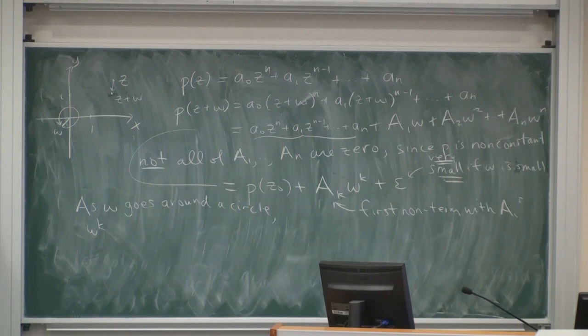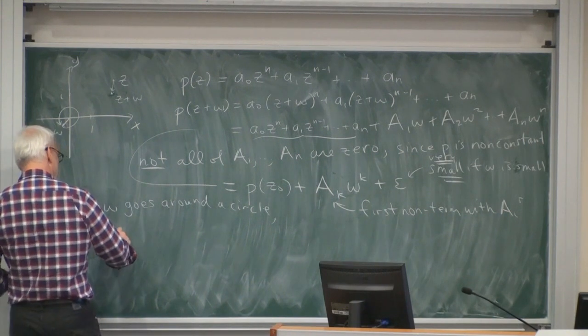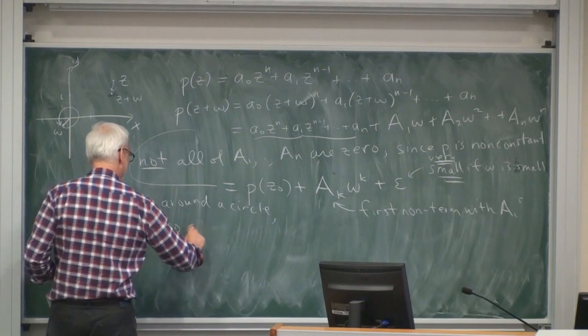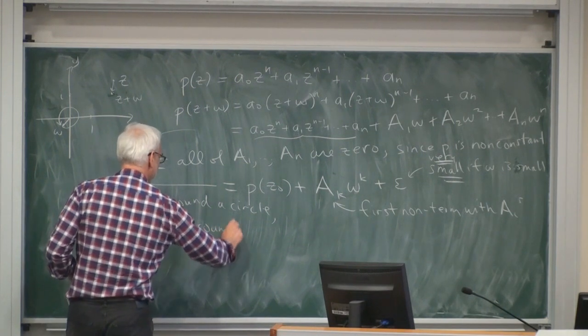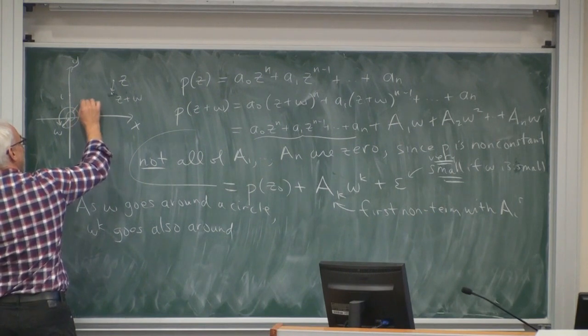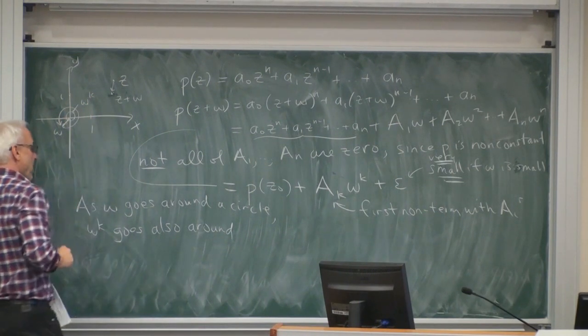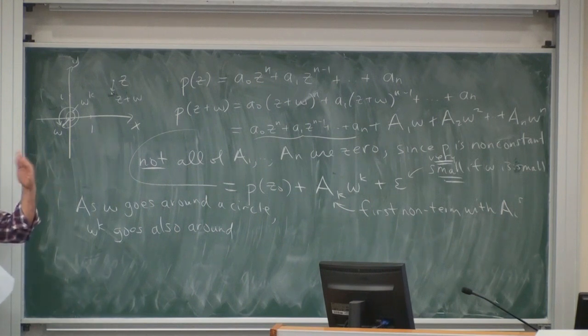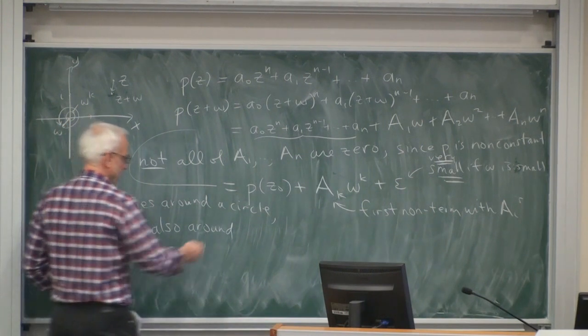In fact, it goes around a circle k times. When I'm saying a circle, I mean w to the k would be going around a circle like that, but it's going around k times for every once that w goes around, because of the way the angles add when we multiply complex numbers. So w to the k goes around k times.